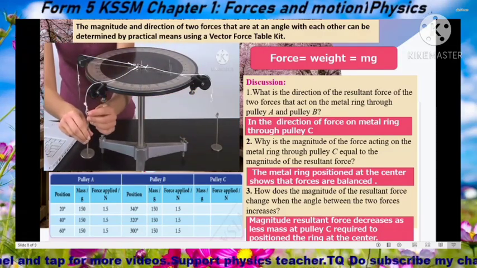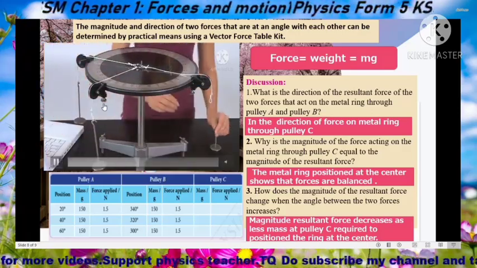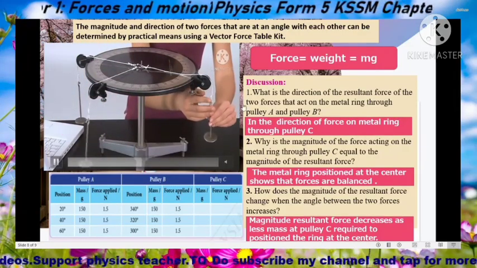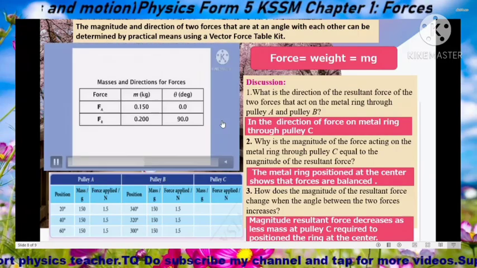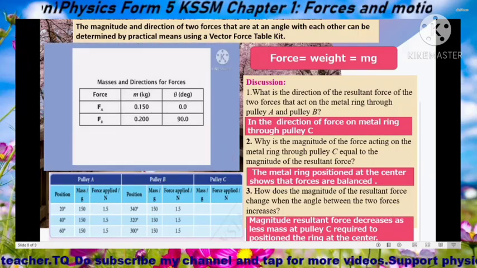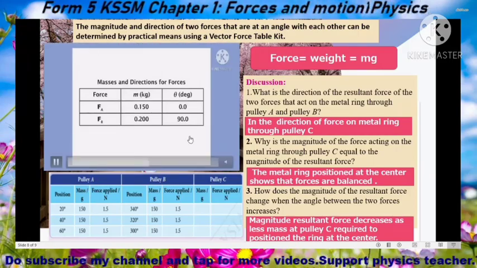Let's say this one is A, this one is B, and this one is C. This is only a suggestion.